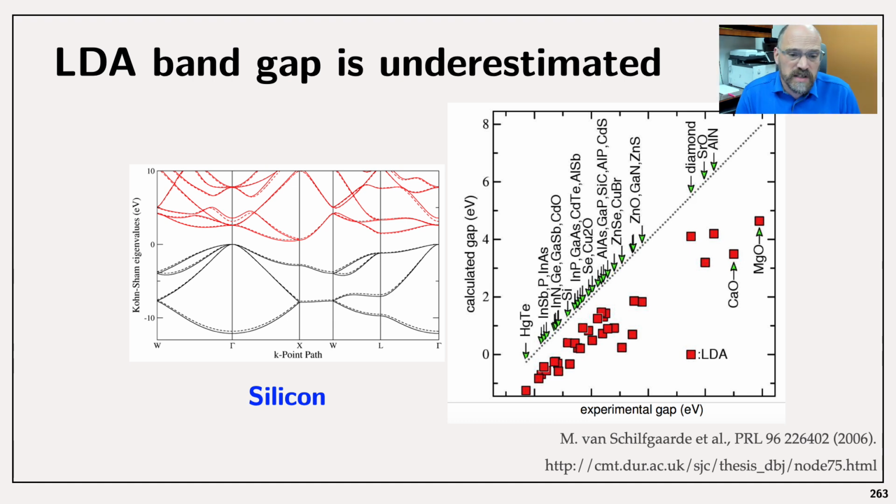Even worse, in these examples we see that for some materials like HgTe, the band gap is much lower, and we even have systems which are in fact semiconductors, so they have a band gap, and LDA predicts them to be metallic. When you have a negative gap, it basically means you have a metallic system where the states are reorganized.